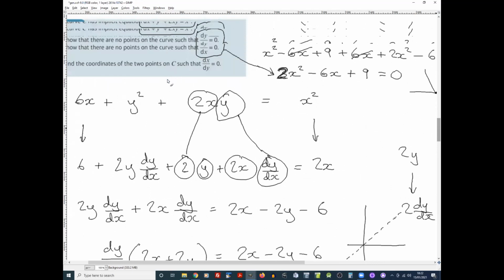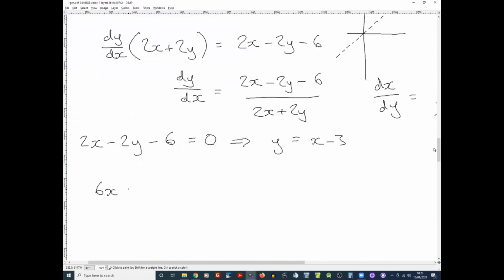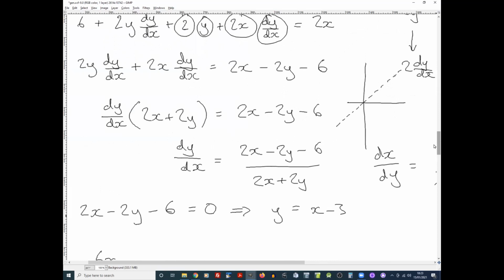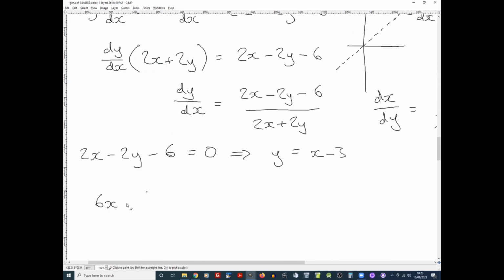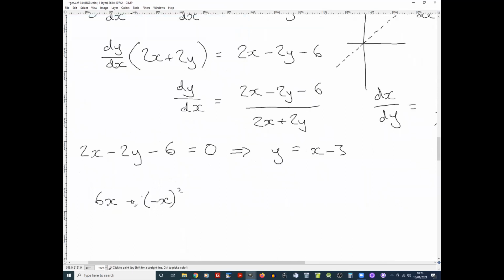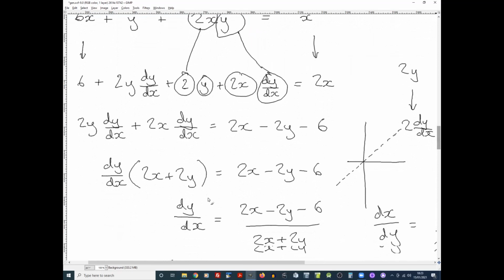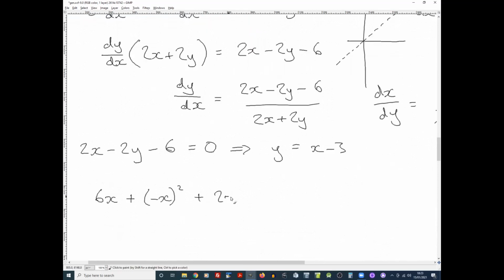So 6x, 2x plus 2y equals 0, which... 6x plus 2 plus minus x squared. And then you get 2xy. Put all the x values in. Plus 2x times minus x equals x squared. Right.